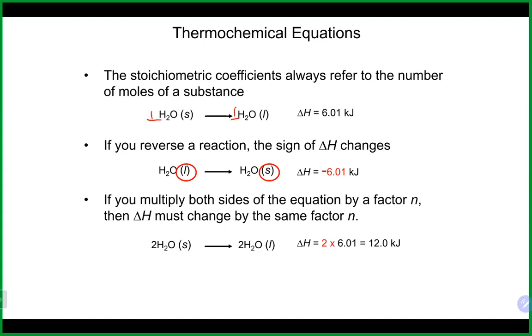And basically what this means is these coefficients can be thought of as moles. And basically what that would mean is, in 1 mole of ice, you will need 6.01 kilojoules of energy to go from basically solid to liquid.